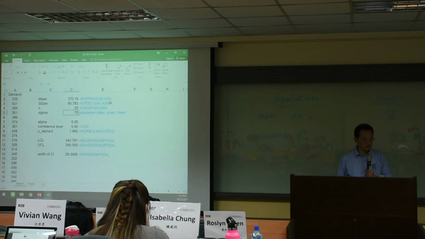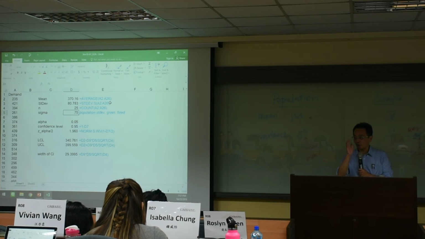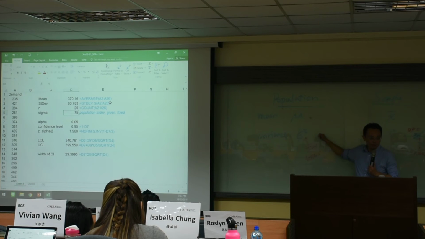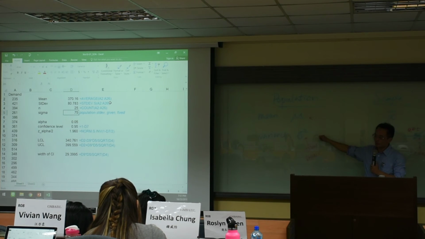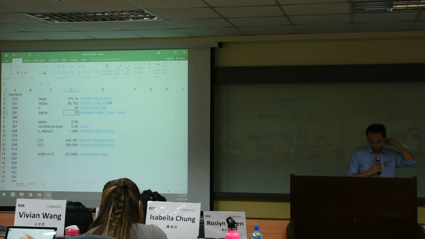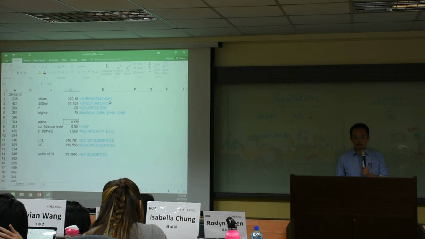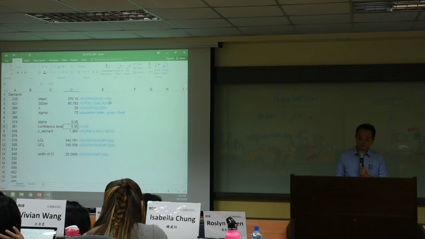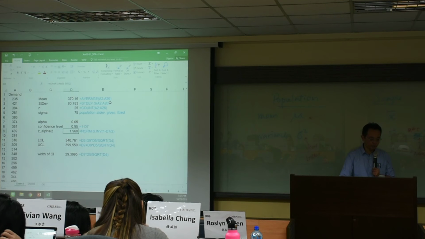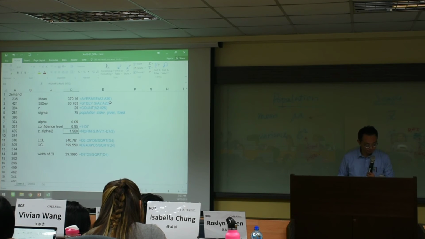And sigma is 75. This value is fixed and provided by the problem. It's the known population standard deviation. We set alpha to be 0.05, and such a setting will give us the confidence level of 0.95. In this case, we have the z value of 1.96.